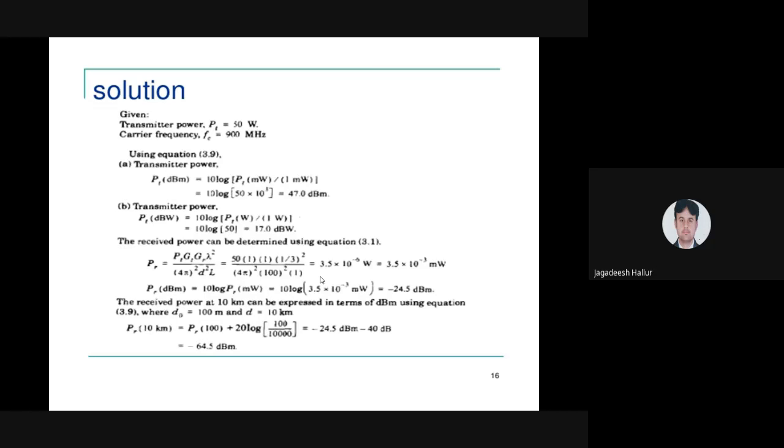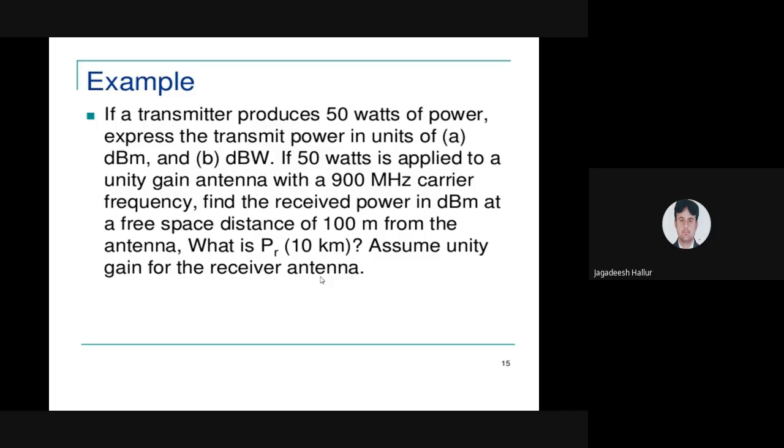He has given a transmitter power of 50 watts. If a transmitter produces 50 watts of power, that is PT.